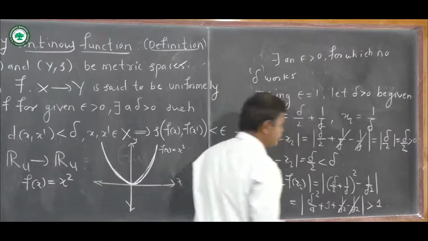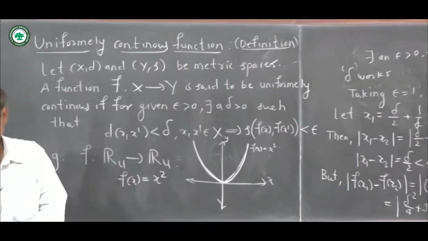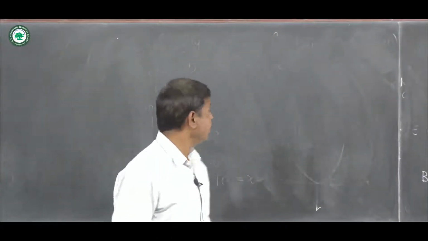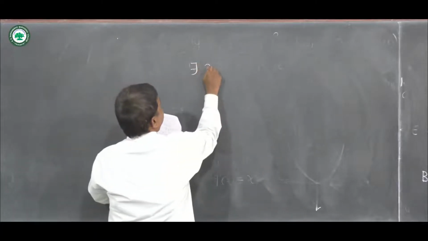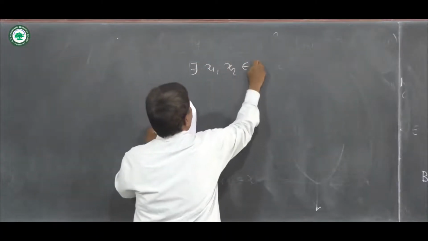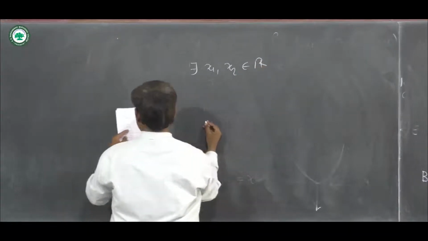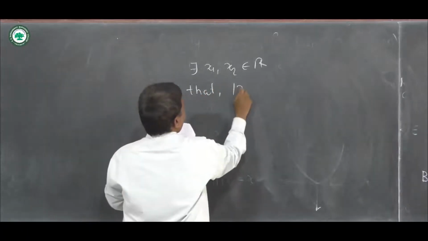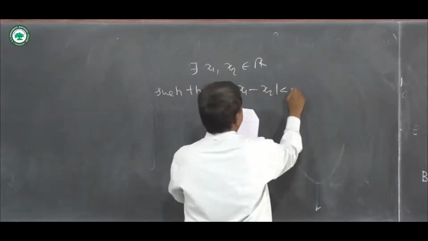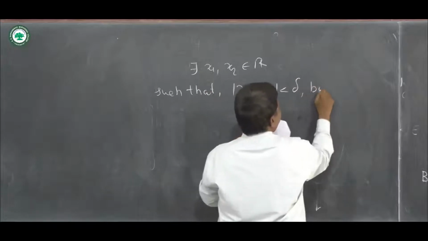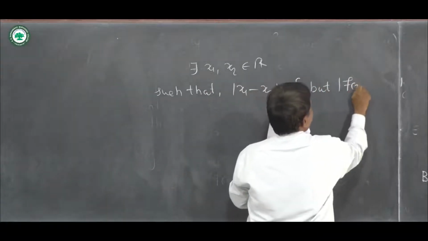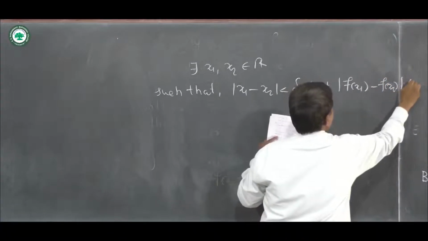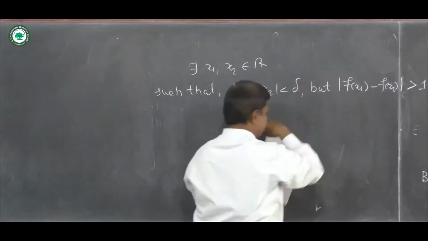So therefore, whatever delta may be, there exist x1 and x2 belonging to R such that mod of x1 minus x2 is less than delta, but in this case mod of f of x1 minus f of x2 is greater than 1.